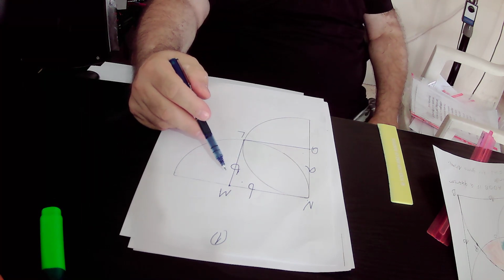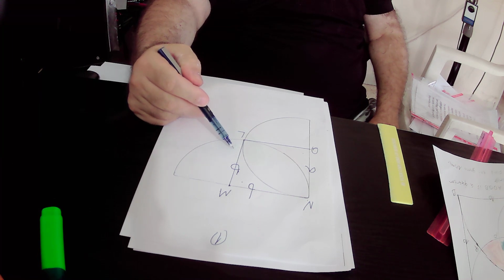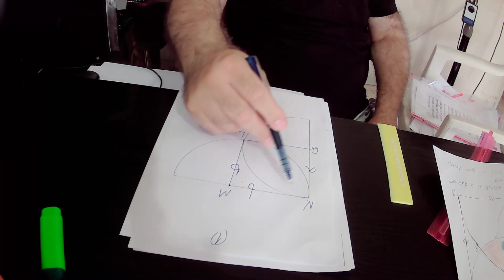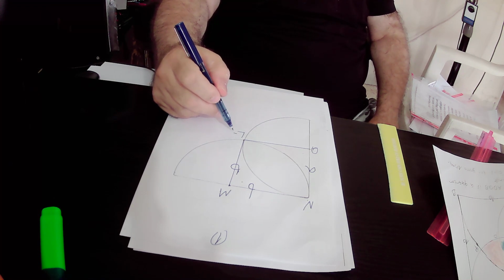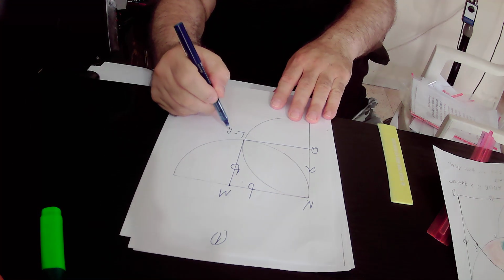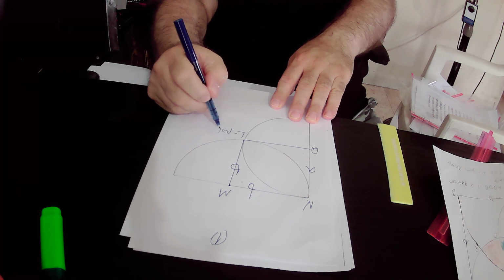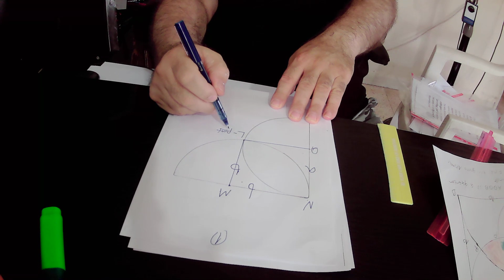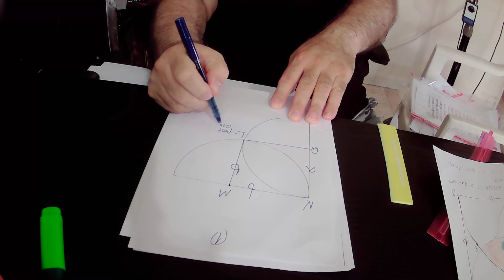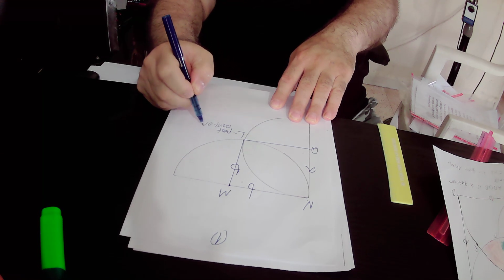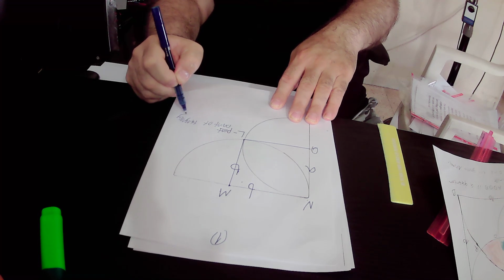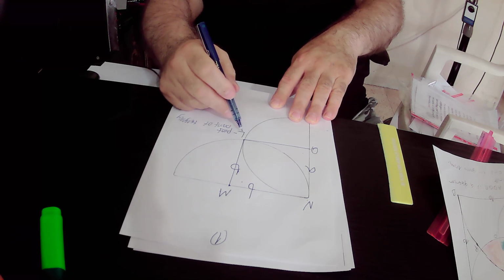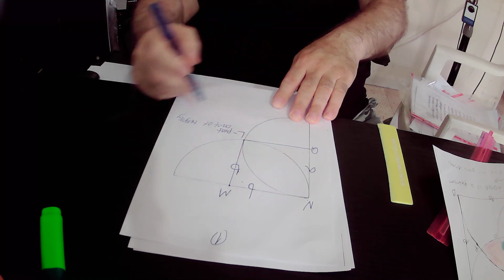Actually, the radius ML is tangent to this semicircle at point L. Point L is the point of tangency of tangent ML with this semicircle.